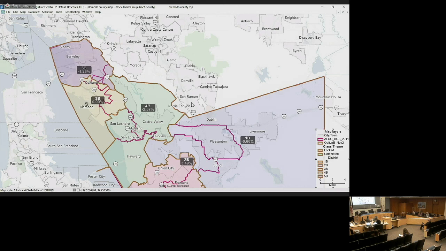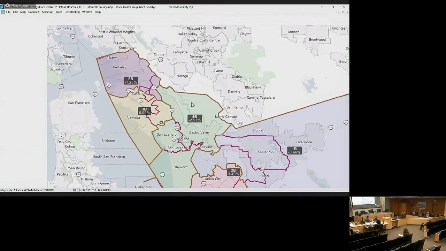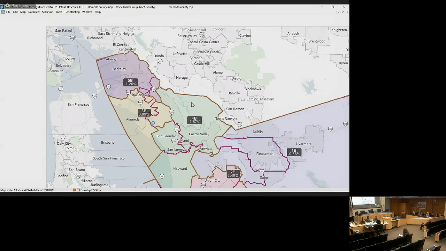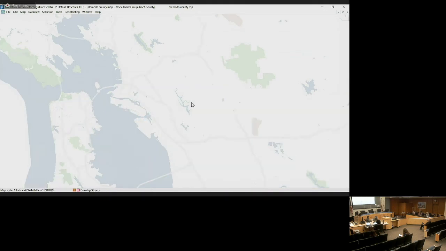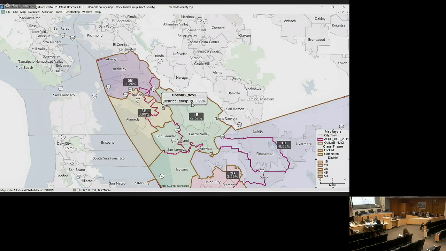Next, we have District 3B, which is at 0.99%, so close to the ideal population by about 1%. And that's our yellow district. And this is most of Oakland and Alameda. So here for District 3, again, the bottom boundary here is San Leandro, and then we follow 580 out here. We follow 580 all the way here until we get to the lake area, and I'll zoom in here.